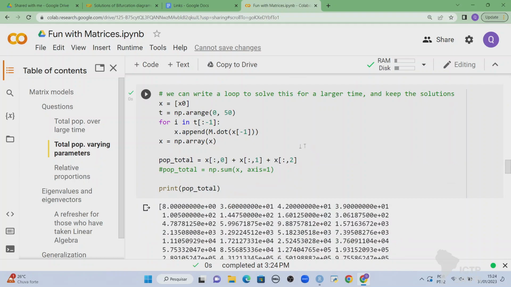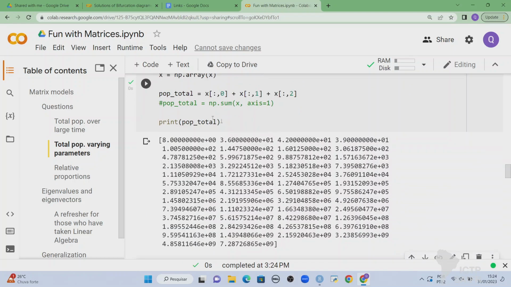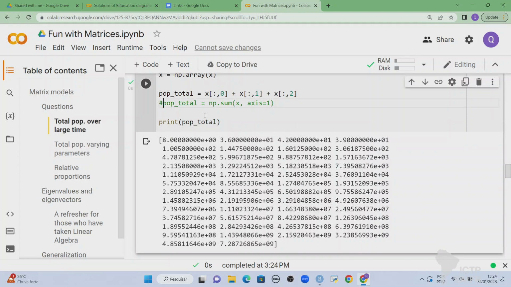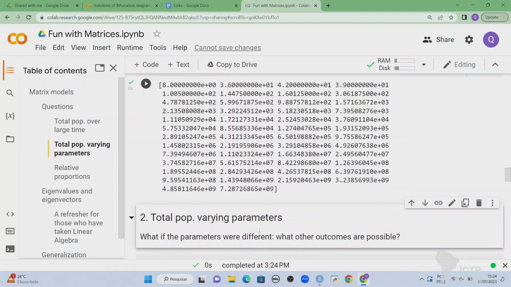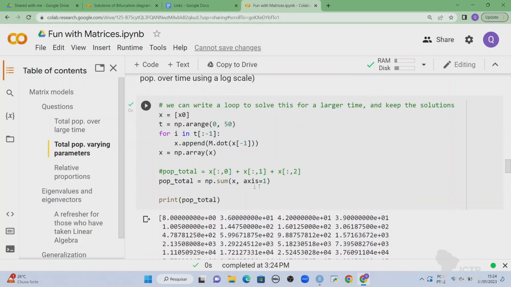So you see 8.36, and so on. If I comment this one and have this one, you see 7.28, 10 to the 9, and so on. You see that it's the same result. So it doesn't matter. You do it the way that you like best.